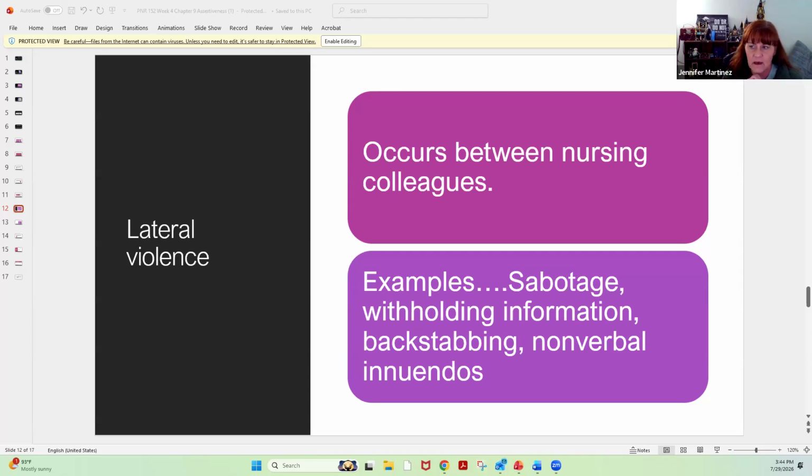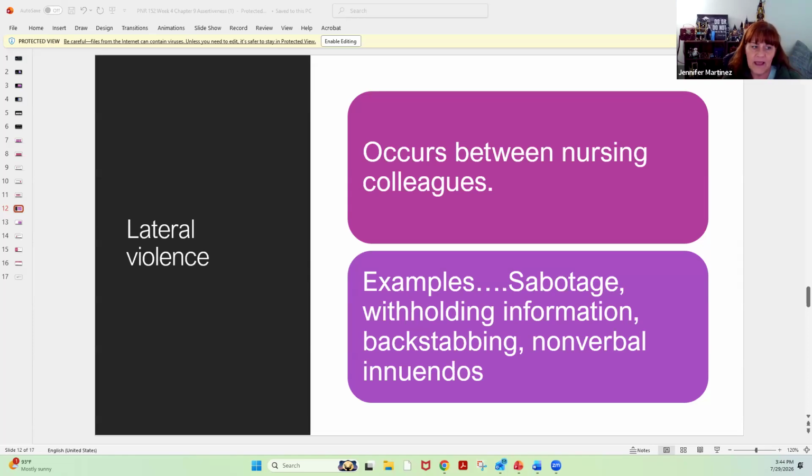It could be physical, verbal, or even emotional abuse. Like you're talking to someone and they're rolling their eyes, like, oh, she doesn't know what she's talking about, or anything to try to belittle somebody.